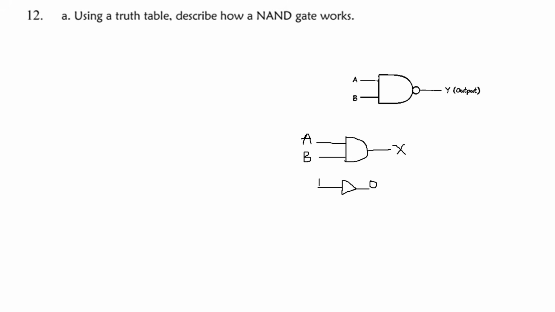A NOT does the opposite. So when you input a 1 in a NOT, you produce the opposite, a 0. When you input a 0, you produce a 1.